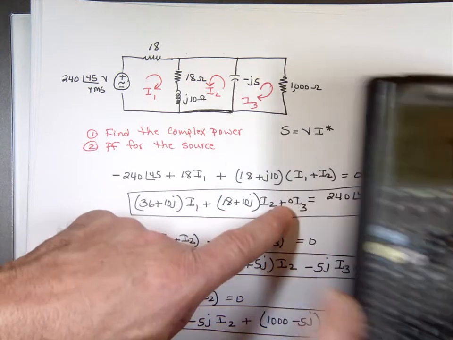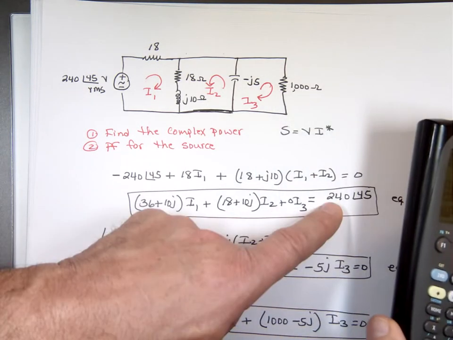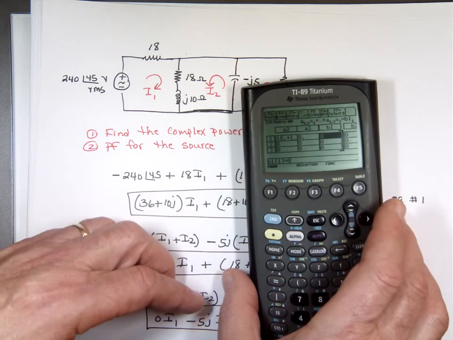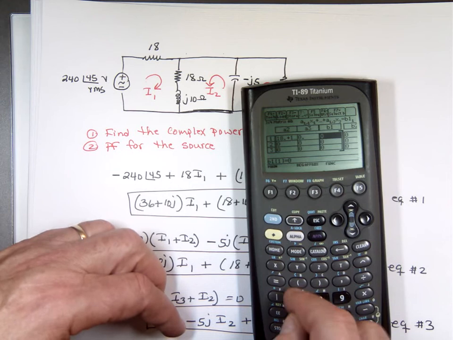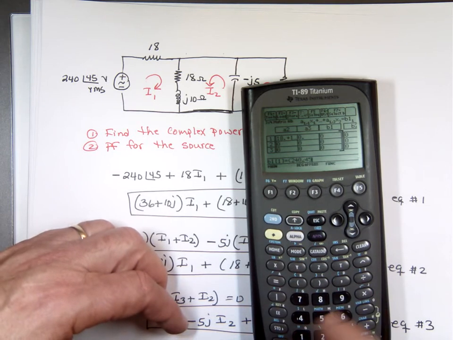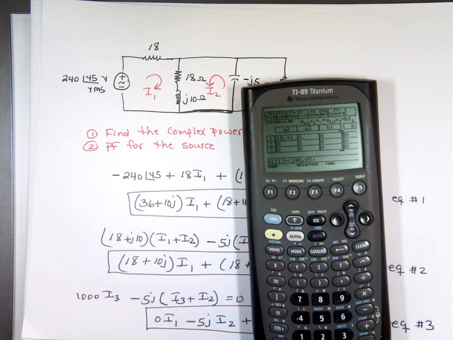The next value is 0. And the answer is 240 angle 45. Here we go. Parentheses, 240 angle 45. I forgot to check and see if I'm in degree mode or not. I think I am.